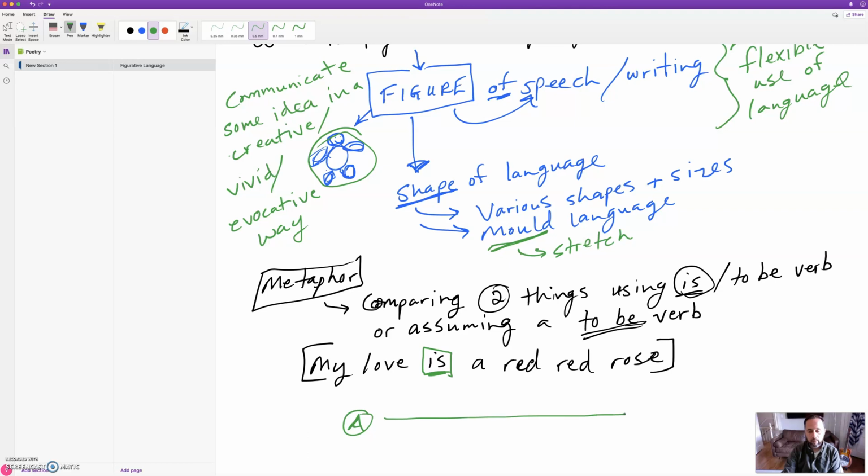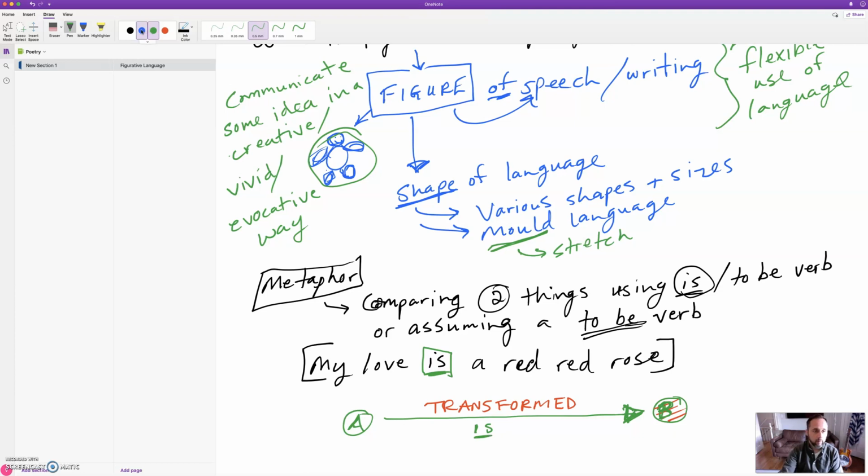There's A is transformed into B. Okay, it becomes the B because of the is. So the is here in the middle, right?